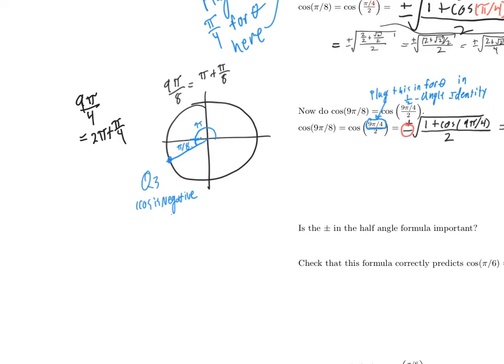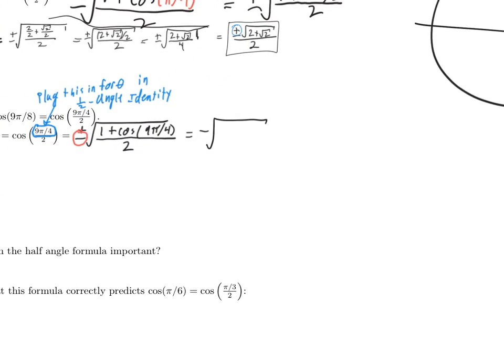So that will be a full revolution, plus an extra pi over 4. That extra full revolution doesn't change the trig function, so this will be the same as cosine of pi over 4, which is the square root of 2 over 2. 1 plus root 2 over 2, all over 2.